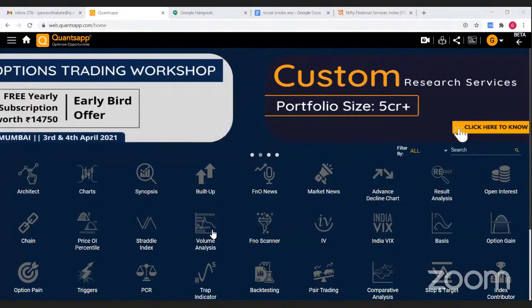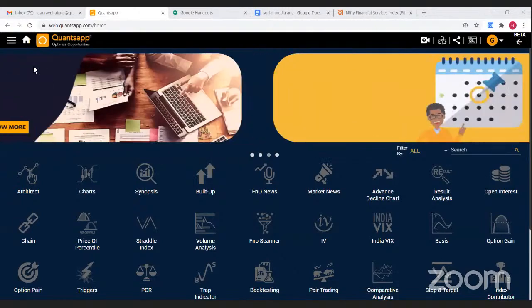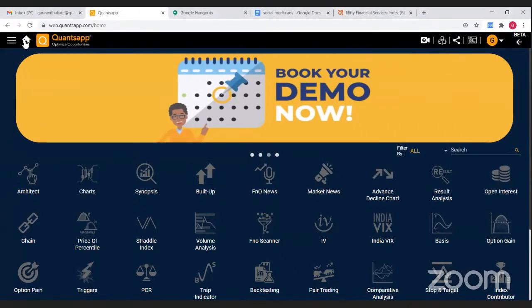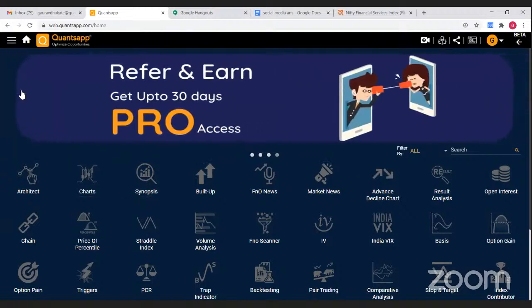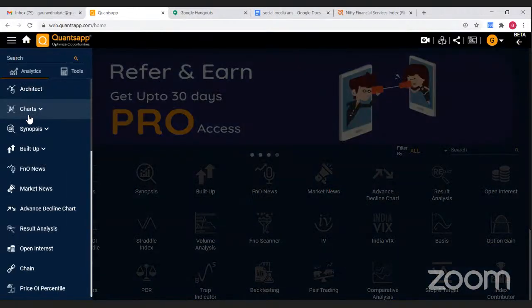So this was the new user interface. Then you have the home button which redirects you to the main screen, and here is the list of the tools.